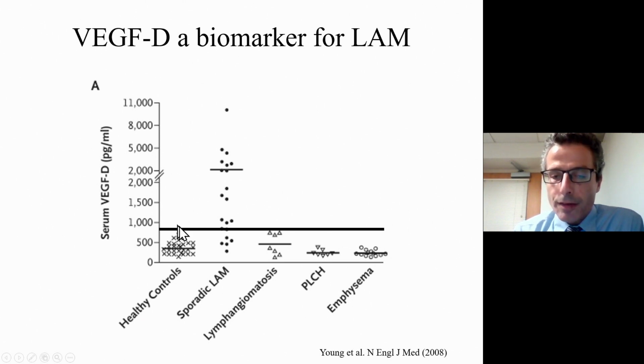So if you have a woman with cystic lung disease and a VEGF-D level higher than 800 picogram per ml, then this is diagnostic of LAM. VEGF-D is high in about 2/3 of women with LAM, so not every patient with LAM will have a high VEGF-D, but if it is high, then it's virtually diagnostic of LAM.